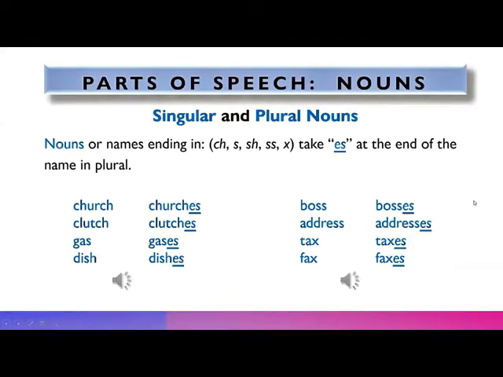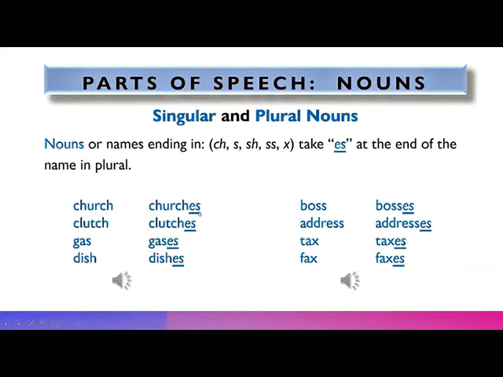Parts of speech. Nouns. Singular and plural nouns. Nouns or names ending in ch, s, sh, s, or x take es at the end of the name in plural.